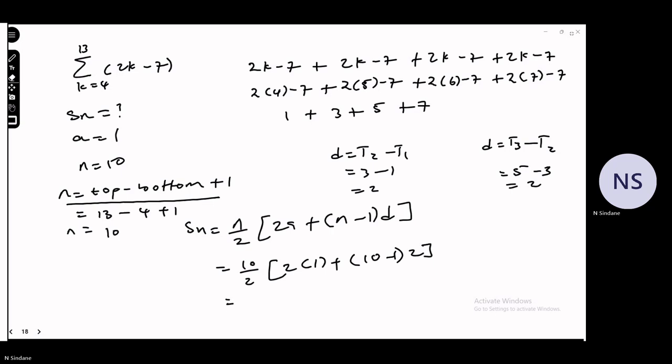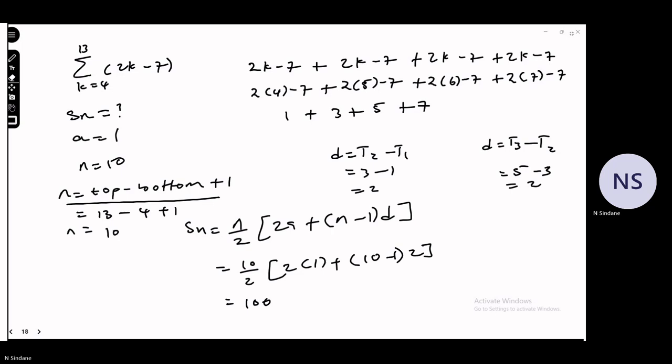This gives me 10 over 2 into open bracket 2 into 1 plus open bracket 10 minus 1 close bracket multiplied by 2 close bracket. This gives me 100, right?